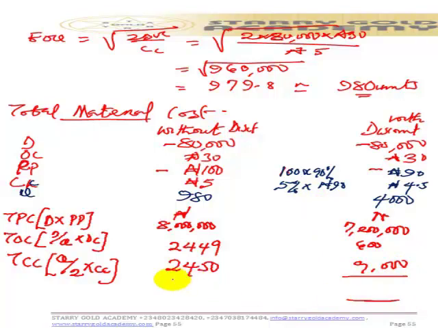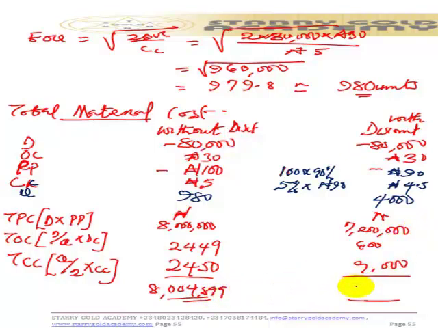So if we add up, we have 8 million 4,809. Sorry, 900 and 899.